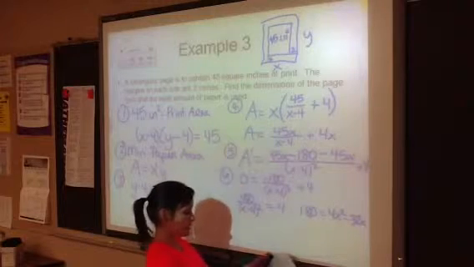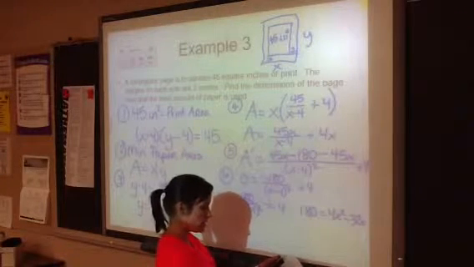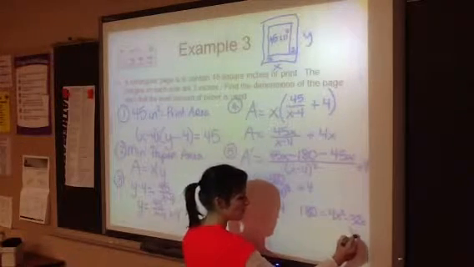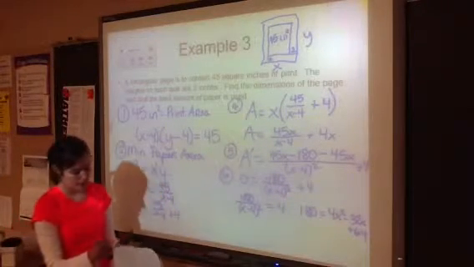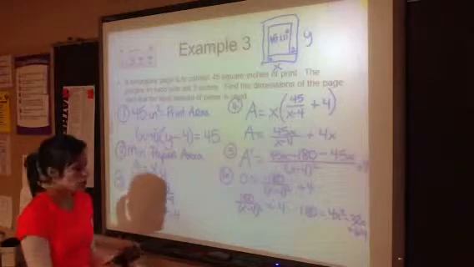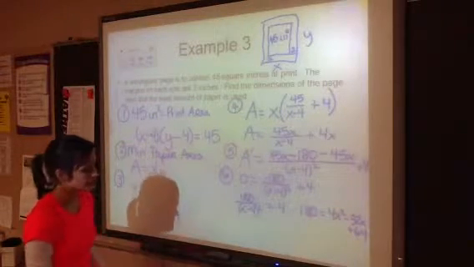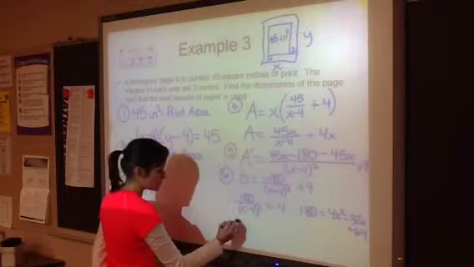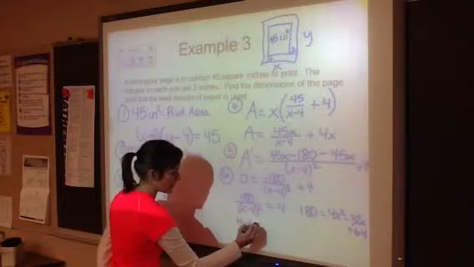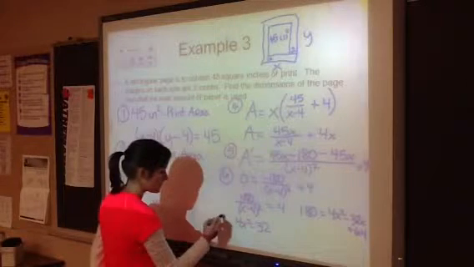And then 16 times 4 is plus 64. From there, you're going to have to solve for x. So what you're going to have to do is, it's quadratic, so move the 180 to the other side. So we've got 4x squared minus 32x.